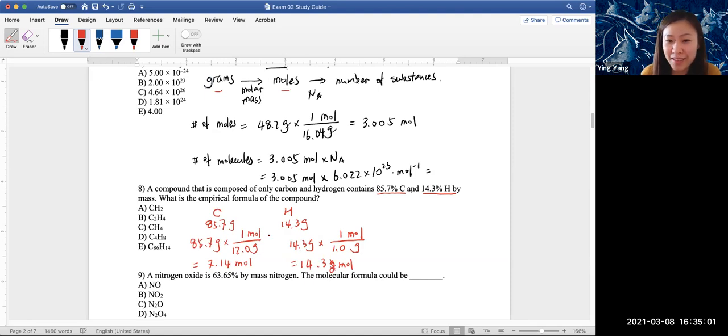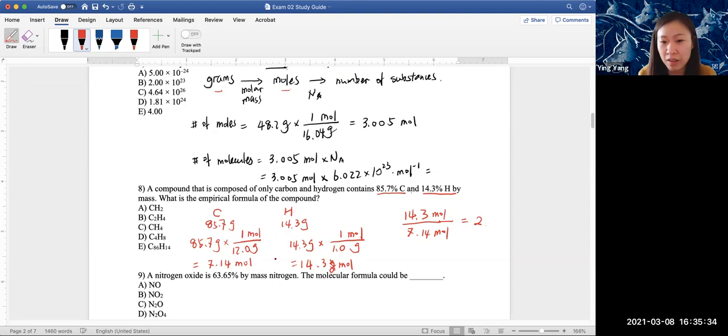Now, step number 3 is to look at these numbers, number of moles, and see which one is smallest and divide the rest of it by the smallest number. So 7.14 for carbon is smaller than 14.3 for hydrogen. So we take 14.3 divided by 7.14 mole of carbon, and this equals around 2, right?